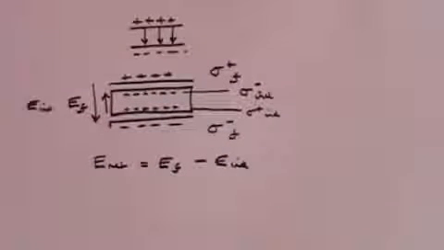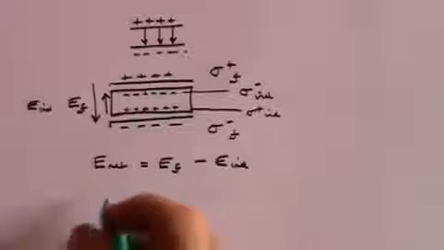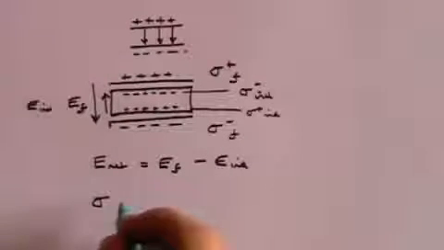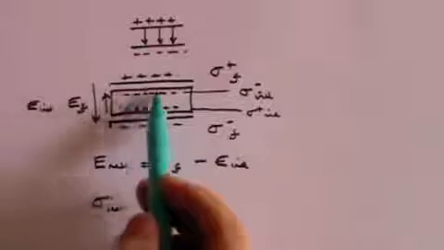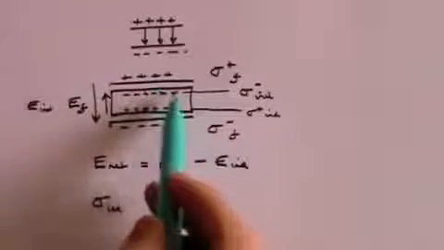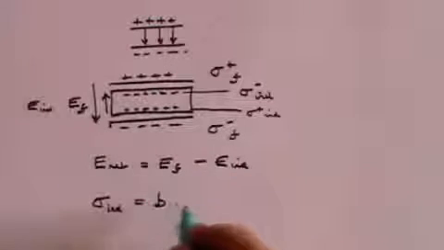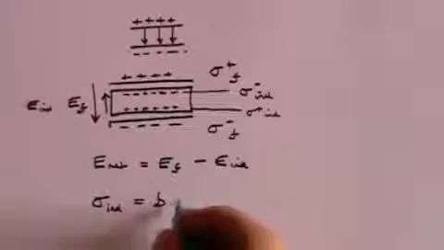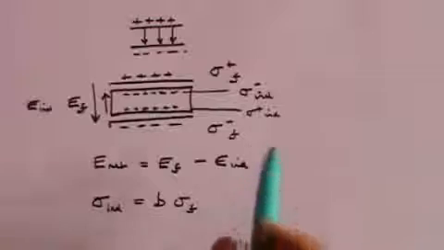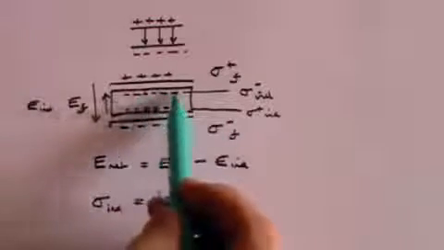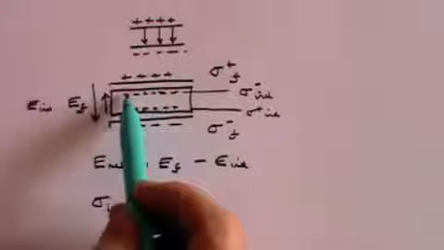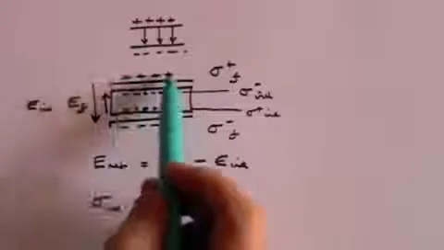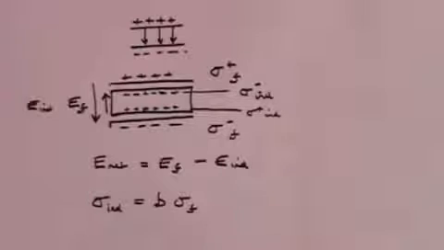Now let's make an assumption, which turns out to be a reasonable assumption, that the charge per unit area in the induced part of the dielectric is equal to a constant times the free charge. In other words, the amount of charge induced on this surface is directly proportional to the amount of charge on the plate itself.